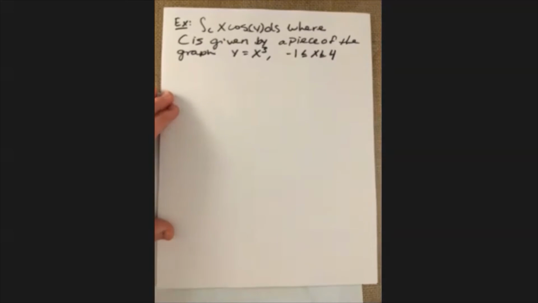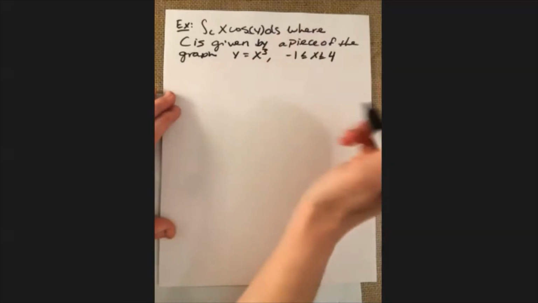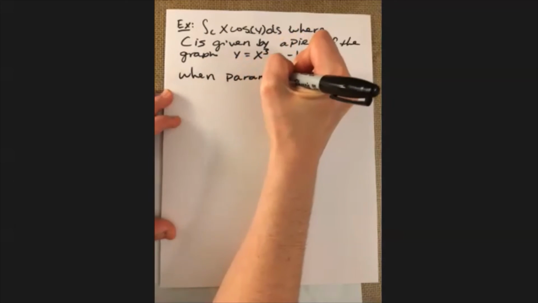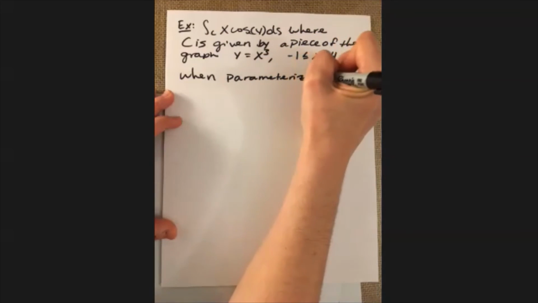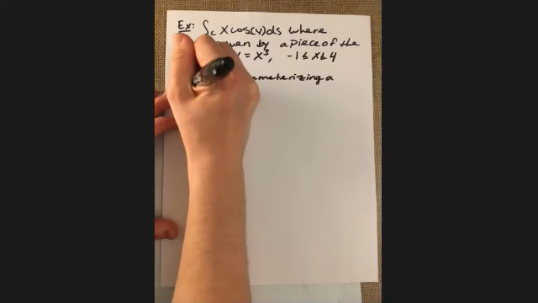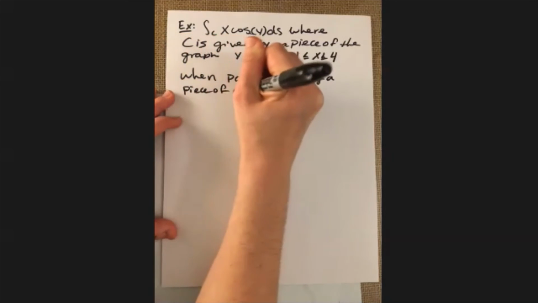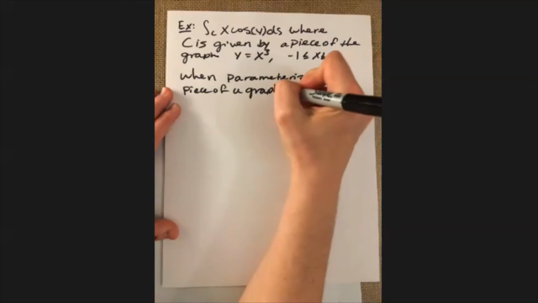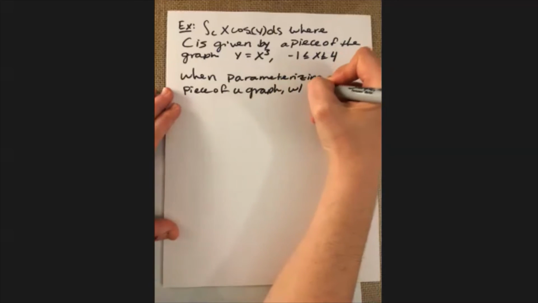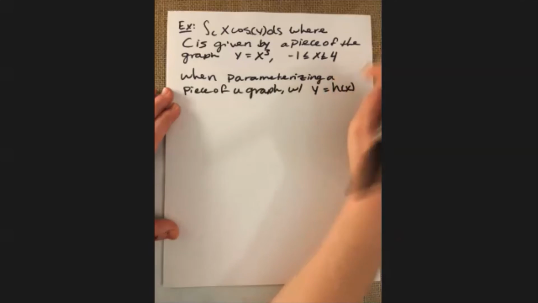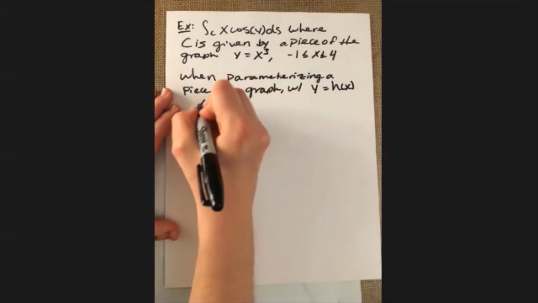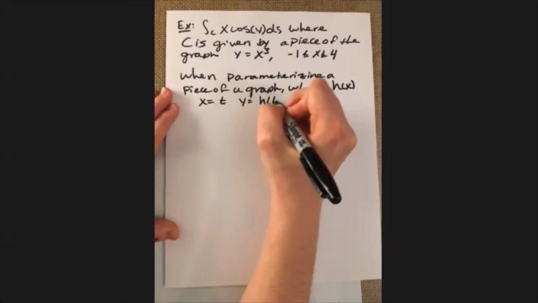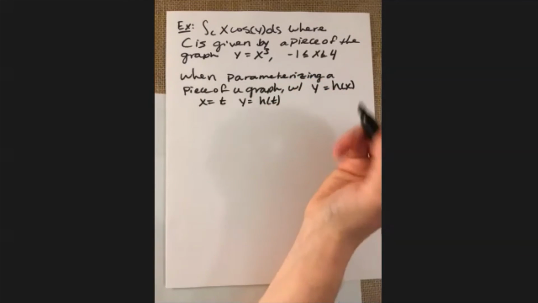Okay, so let's talk a little bit about what parameterizing these guys looks like. So when parameterizing a piece of a graph, when you have y equal to some function of x, which I'll denote with an h of x, we let x be equal to t, and y is equal to h of t, which really maybe seems quite silly.